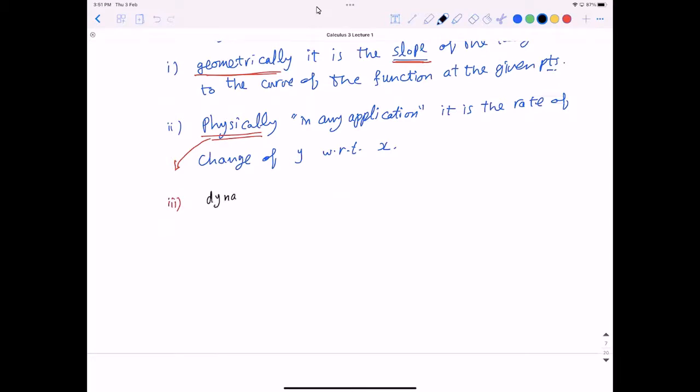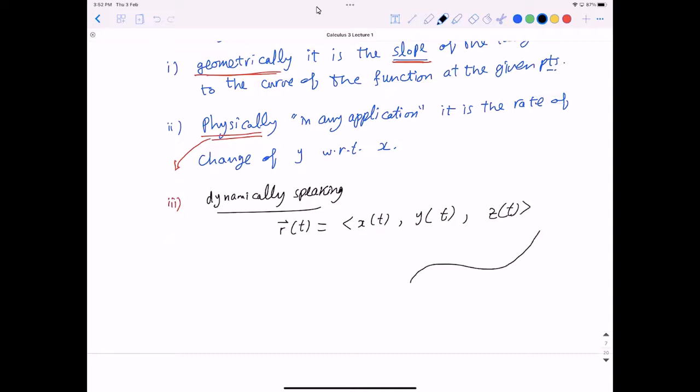When we have a particle moving, if we have this r of t as x of t, y of t, z of t, we think of a particle moving along a curve in space.